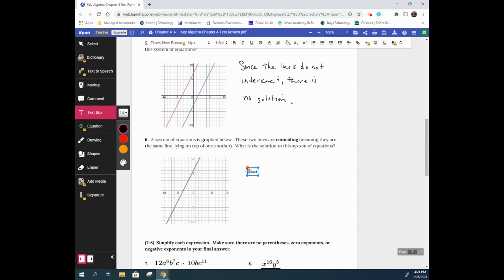Since the lines are one on top of the other, they intersect at infinitely many points, so there are infinitely many solutions.